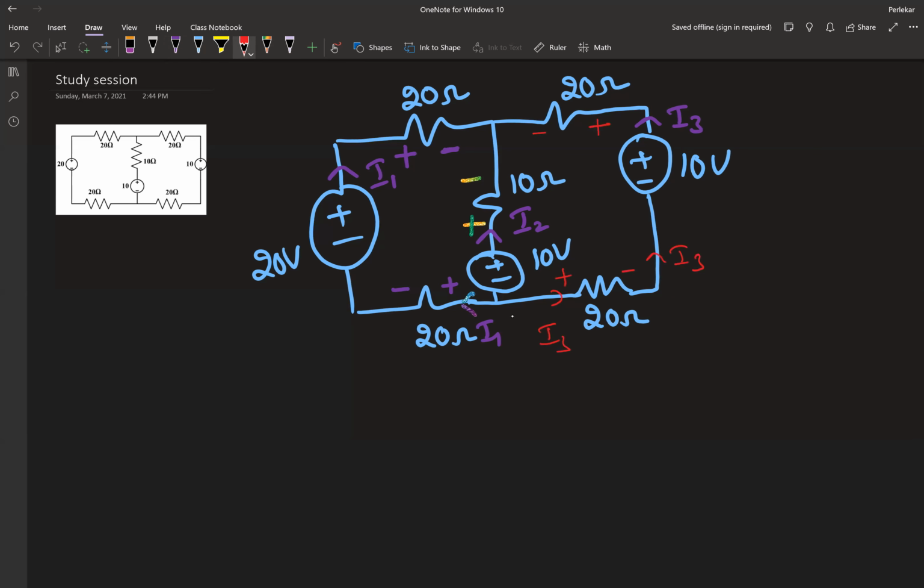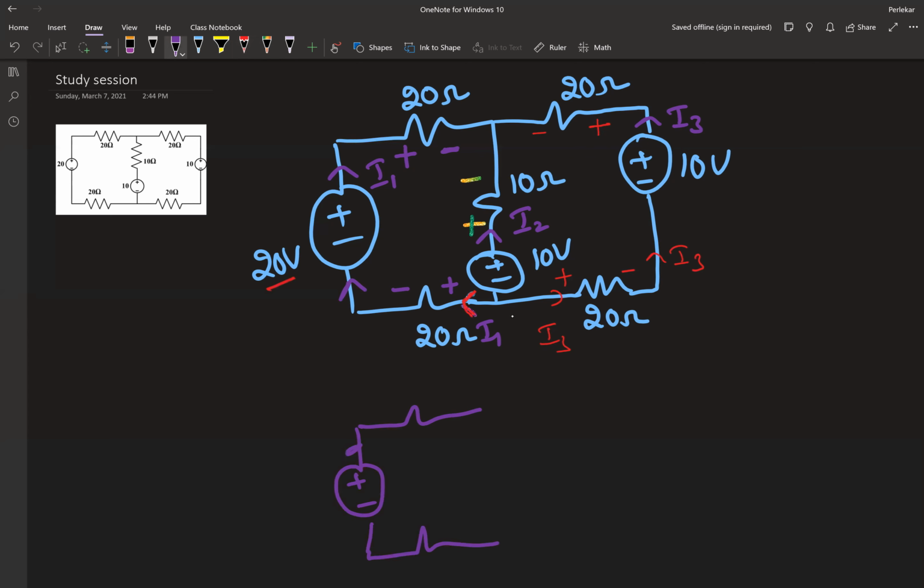And the I1 near the 20 ohms near the bottom is I1 because it's connected in the same circuit as positive and negative. Since we are assuming I1 current is supplied by this 20 volt source, that is the current flowing in this branch, in this loop. So here you have these three.